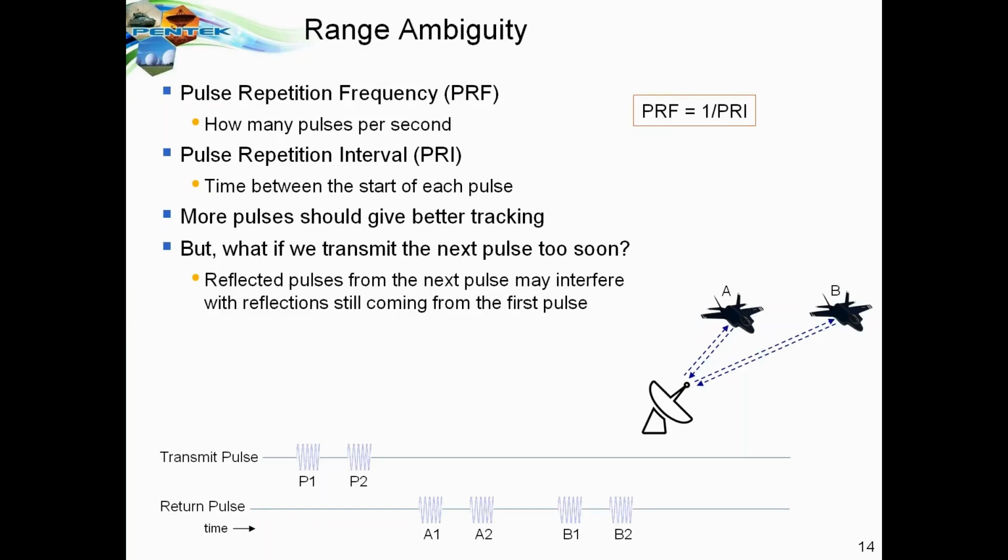For example, is the A2 pulse really from target A, or could it be from target B? And that is the essence of range ambiguity, which return pulse belongs to which target. And in this case, you're not really sure of who caused the return signals on A2, B1, and B2 signals.